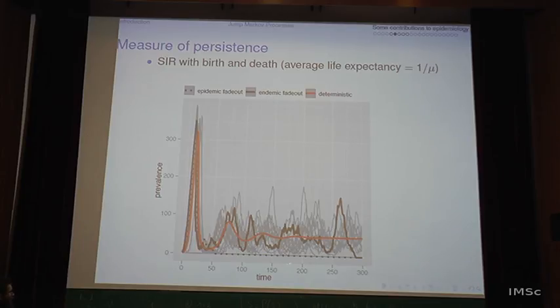So I'm going to try to quantify these fade-outs, how early or how late they occur in the populations when you are at endemic equilibrium, after this transient phase.